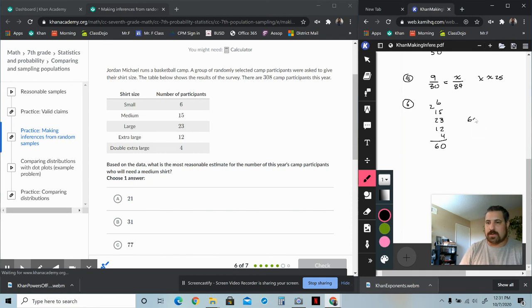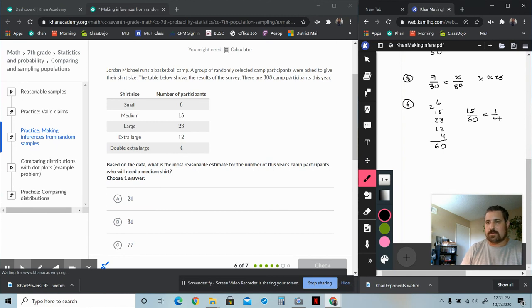So that's our denominator for our random sample. And out of that, we know that we're looking for a particular value here. It says, based on the data, what is the most reasonable estimate for the number of this year's camp participants who will need a medium shirt? Well, medium is 15. So it's going to be 15 out of the 60, which we all know is 1 out of 4.